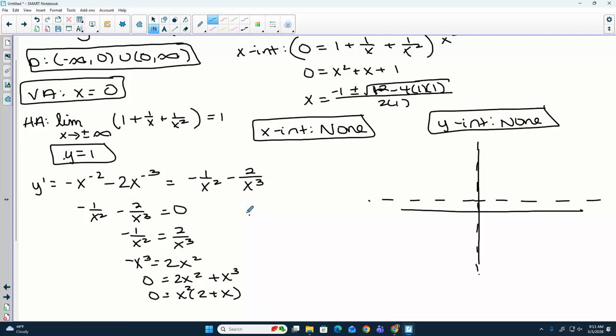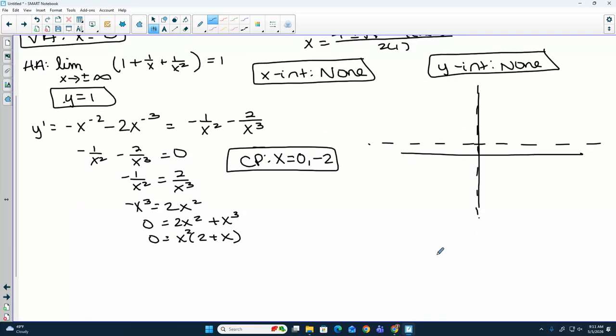So my critical points, anywhere it's 0, which happens at 0 and negative 2, or undefined, actually undefined is when it's equal to 0. Okay, so to find increasing and decreasing from that, we have to do our sign line.